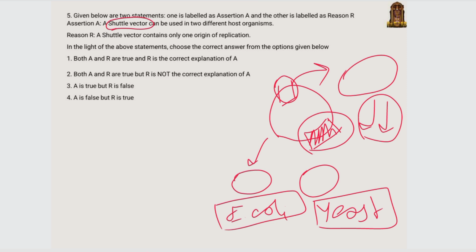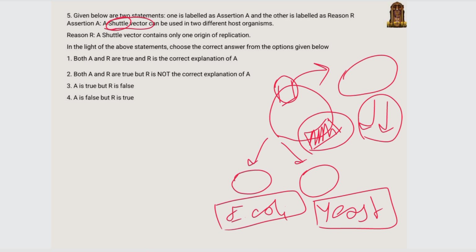That is the case for a vector. But when you are designing a shuttle vector, you will use it in both organisms, like E. coli and yeast, for example. So you should include the origin of replication for both organisms.